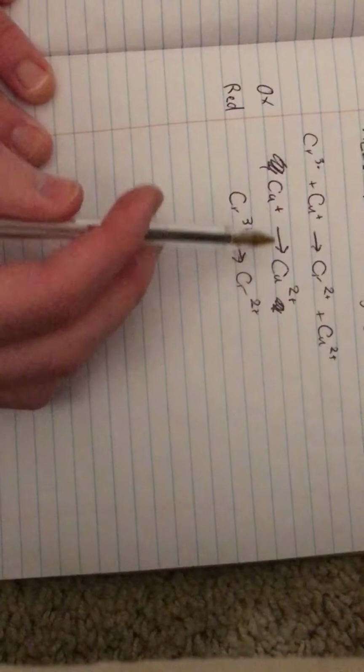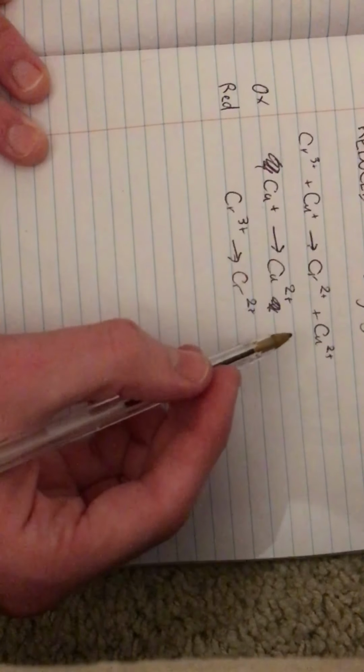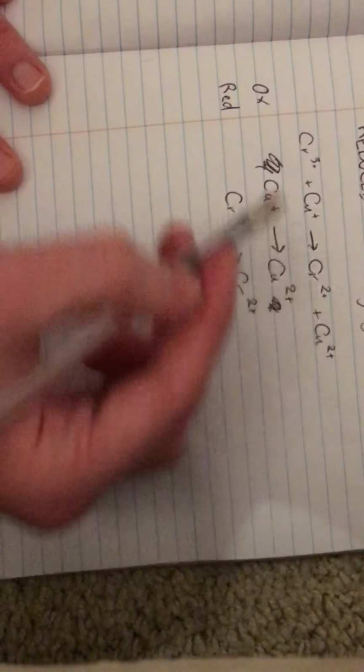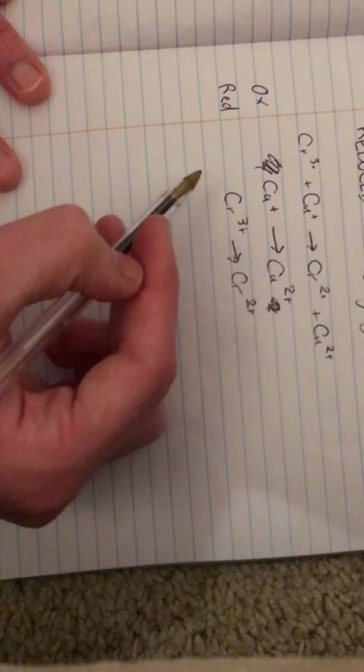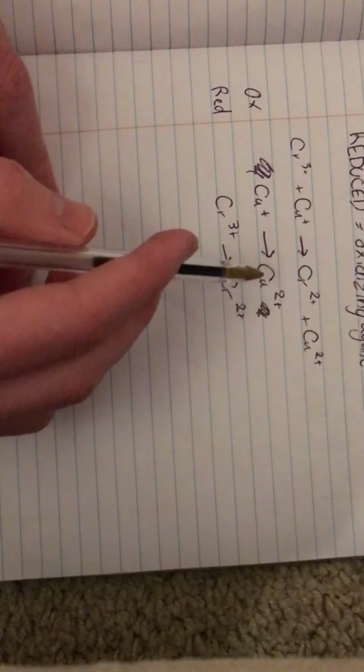Our next step is we look at the electrons, okay? So in order for this equation to be balanced, we need the charges on both sides to be the same, all right? So in order to do that, we have to add electrons to the side that is least positive. I know that probably doesn't make a lot of sense right now, but I'll show you. So first, we look at the charges of both sides.